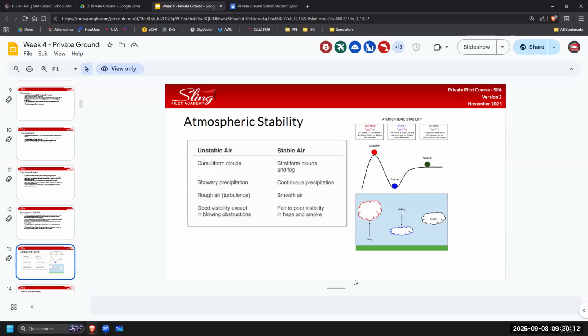All right, you should have seen in the slides a table of things that unstable and stable air are known for. So unstable air has a certain type of cloud, and stable air has a certain type of cloud. It's talking about precipitation, smooth air versus turbulence, and good visibility versus poor visibility. So rising air with vertical motion creates these fluffy clouds.